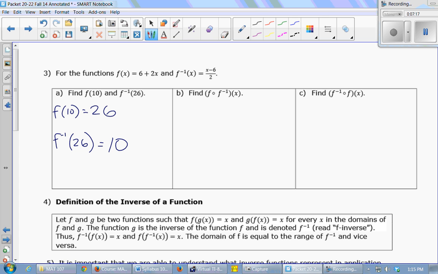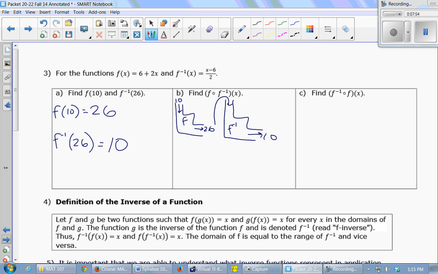If you think of this as composing a function and its inverse, it's like running two function machines in succession, like we did with composition last class. So I've got the f machine, and then I've got the f inverse machine. If I put an x in here, let's not use x, let's use 10. If I put a 10 into the f machine, out comes a 26. You take that 26 and drop it into f inverse, and out comes 10.